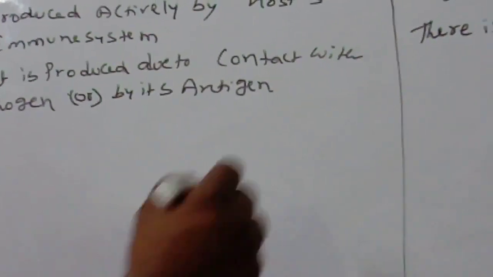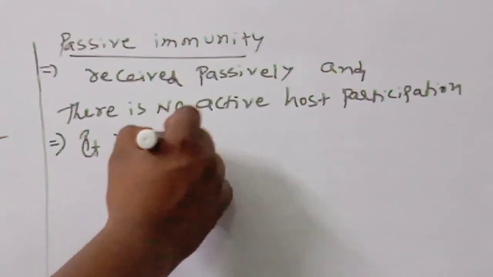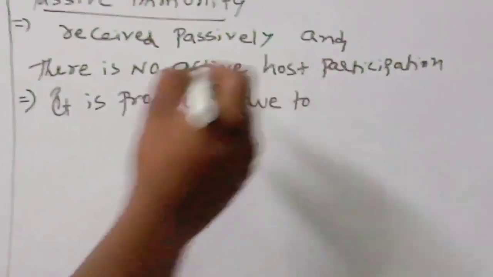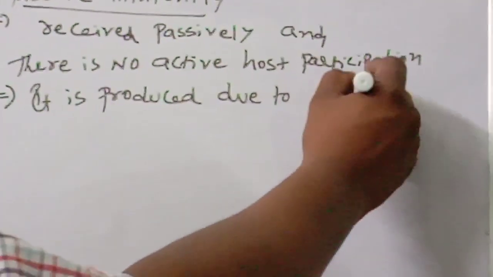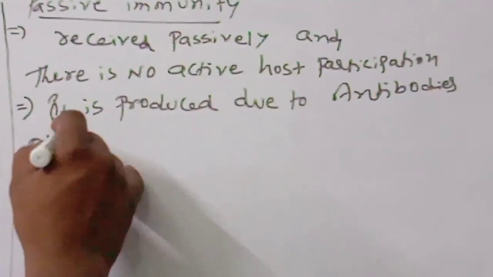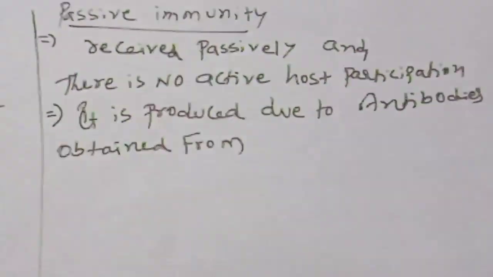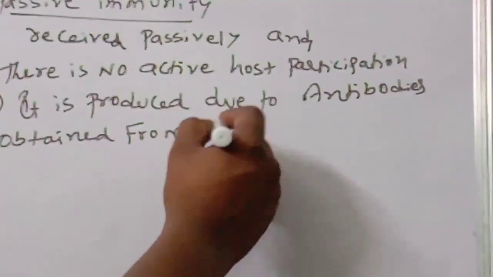Passive immunity is produced due to antibodies obtained from outside.